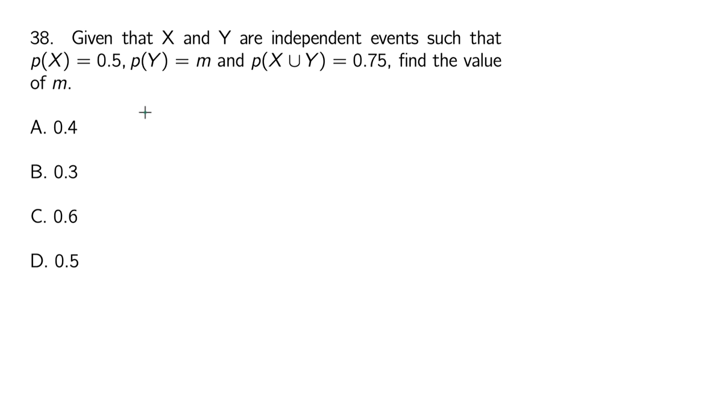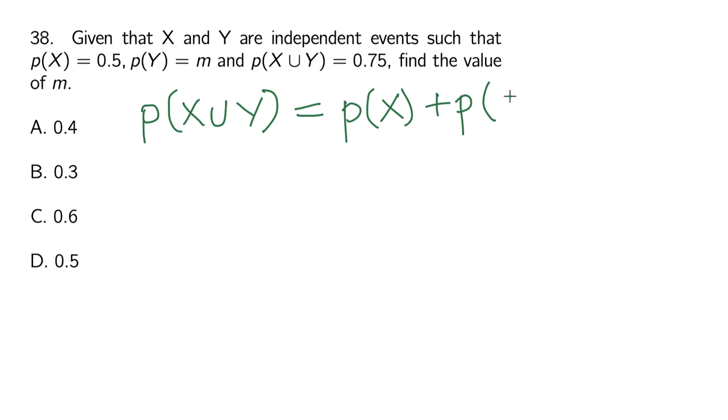Now, the probability of a union of events, there's a formula for that which you can always derive from a Venn diagram, but that probability is the probability of x plus the probability of y minus the probability of the intersection of x and y.